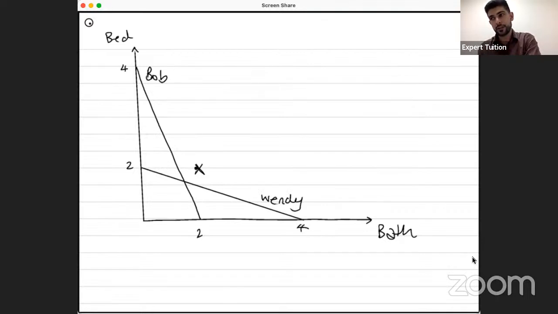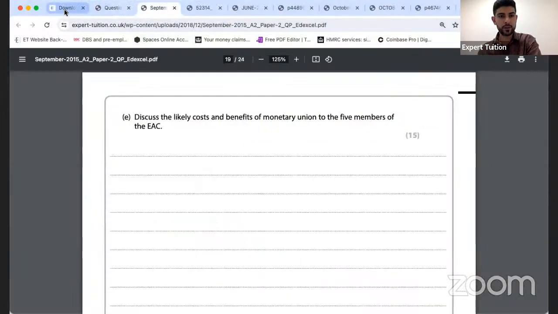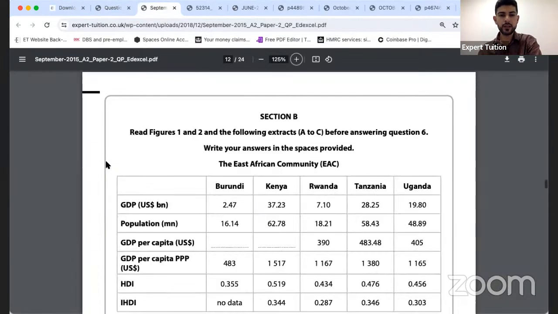That is comparative advantage. The only thing I highly recommend that you do, I was going to do it with you, but honestly, I feel like I'm going to faint on the live stream and you'll have to call the ambulance or something, is the specimen paper. Your teachers probably love this question. You can find it on our website under paper 2. It has this beautiful question.